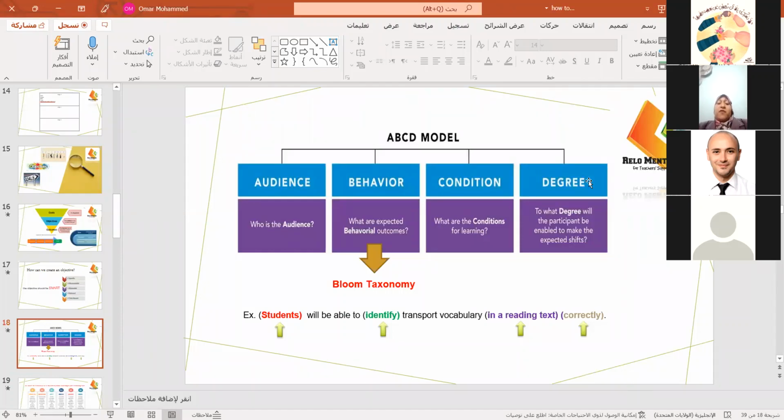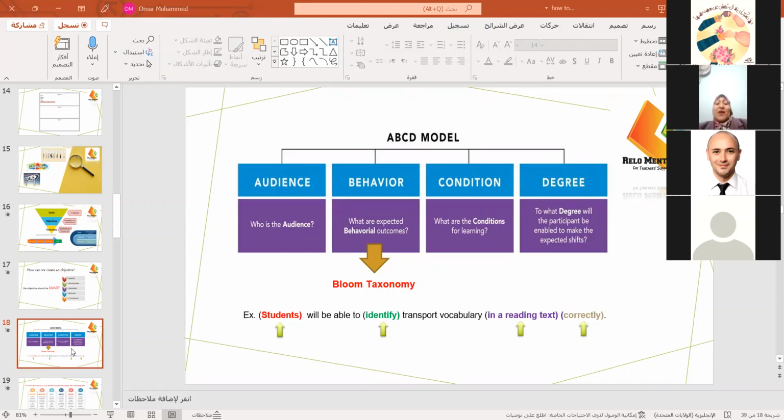Okay, we have some objectives here I'd like to share with you. Miss Dalia, by the end of the lesson, students will be able to, thank you. We have 2 elements here. Miss Salwa, by the end of the lesson, students will be able to use the present perfect tense accurately. Thank you. We'll be able to read a short text.